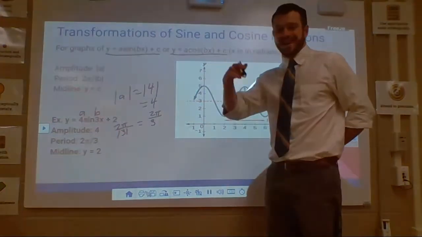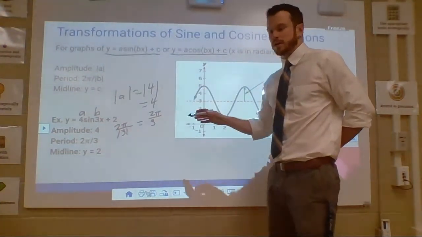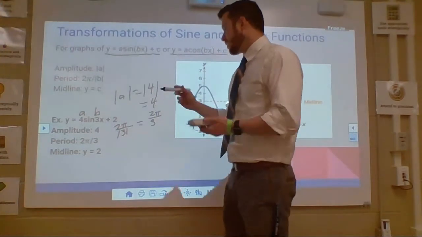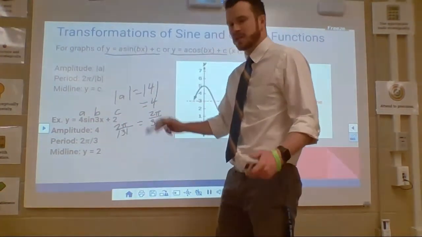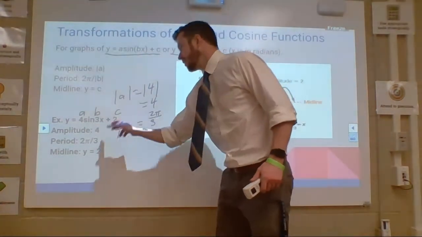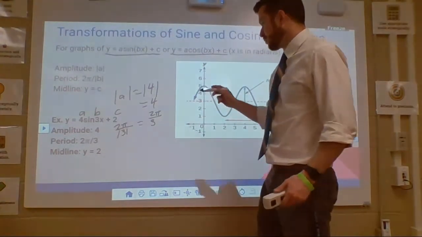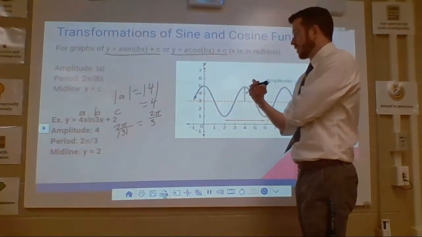That cycle is going to repeat every 2 pi over 3 radians that you would see on the x-axis. And then the midline here: c is 2. So the midline is just going to be y equals c, y equals 2. That's the midline. So that's how we determine the period, amplitude, and midline.